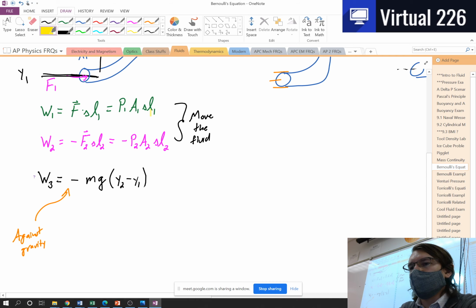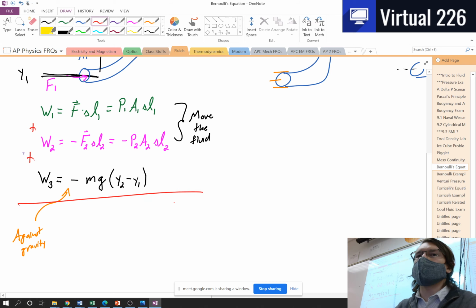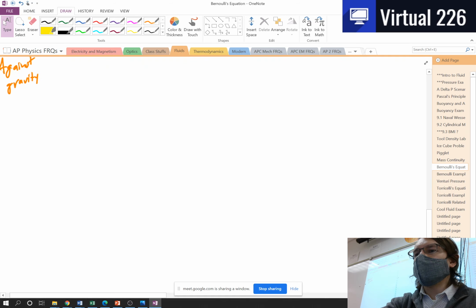2 for moving the fluid, and then 1 from actually lifting our fluid up to a new height. And what we're going to do now is we're going to add all of these works together. We're going to get a really large equation here, so get some distance on your paper. Okay? For our very large equation, what we're going to have is this.